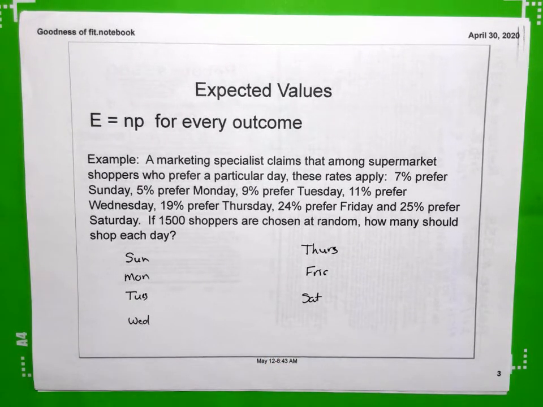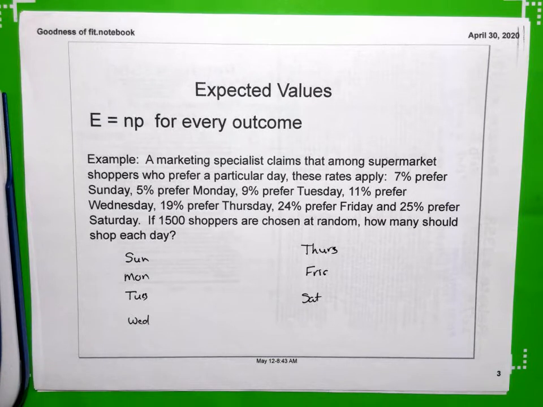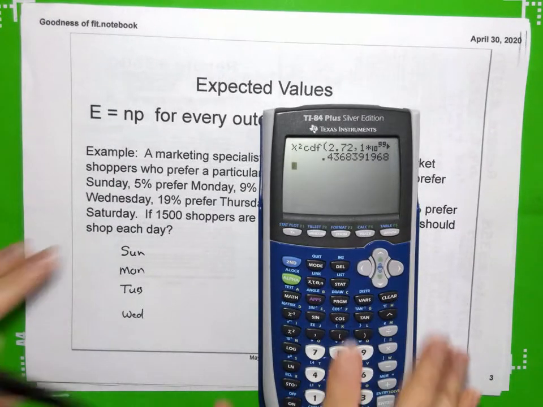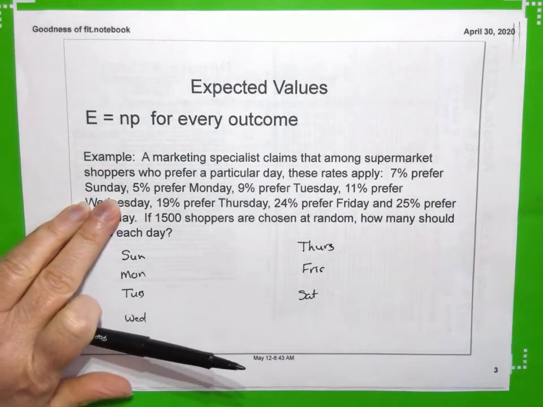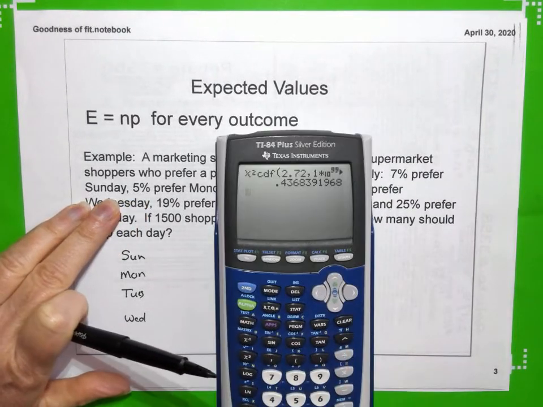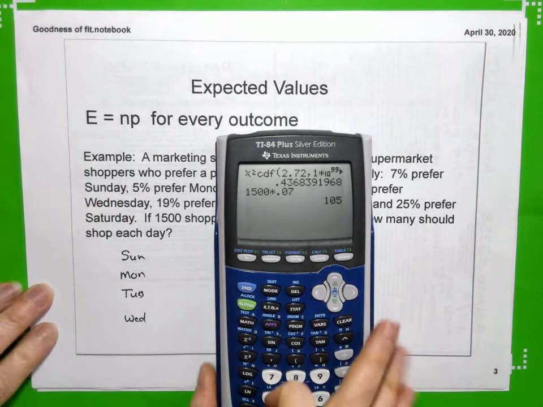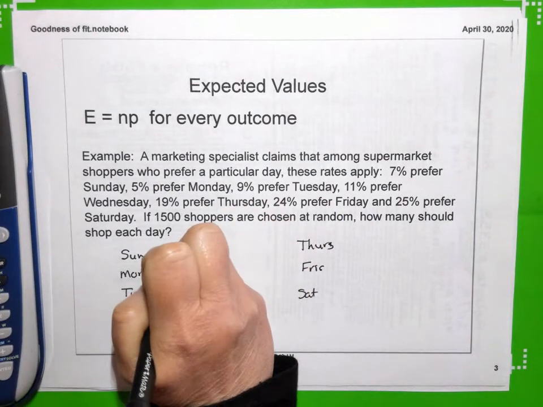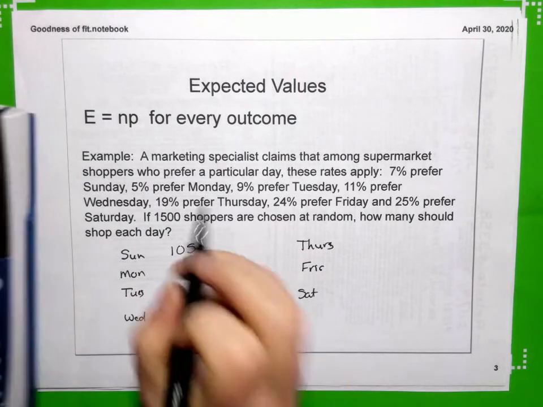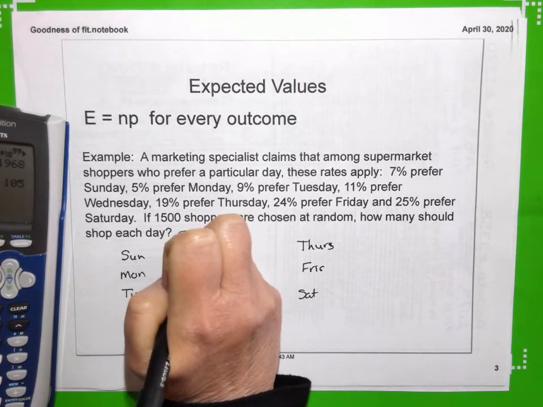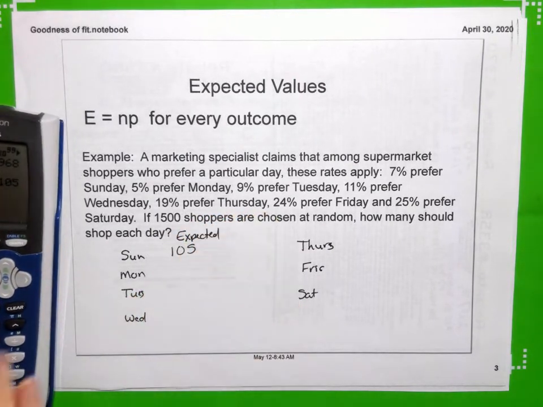We can see from the problem that we ask 1,500 people to shop, and we have these percentages. So 7% prefer to shop on Sunday, 1,500 times 0.07 tells me that 105 would shop on Sunday. This is now my expected value.